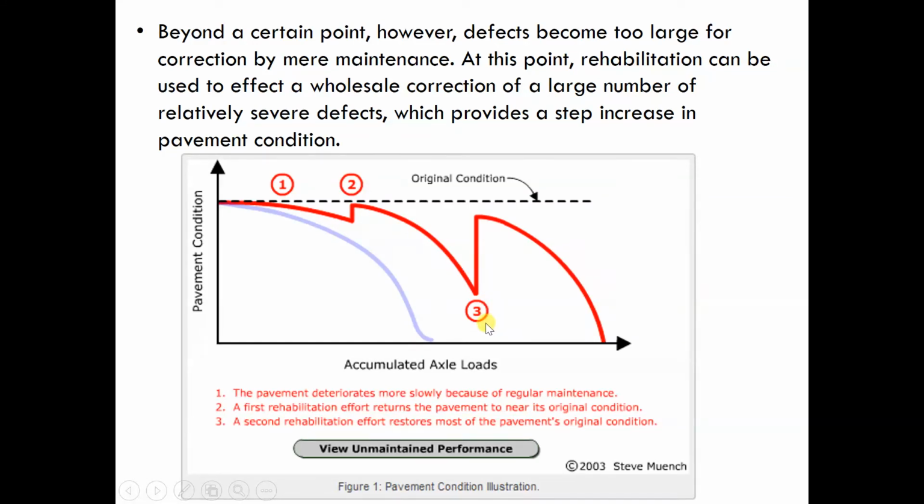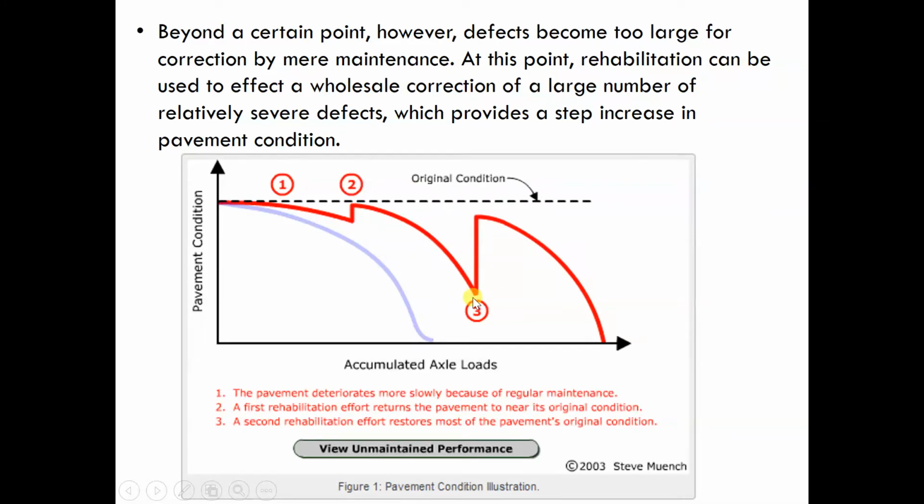But at point 3 here, a second rehabilitation effort restores most of the pavement to original condition. So at the point when it's quite severe, you need to do another rehabilitation. In this case, this one is further down the track.